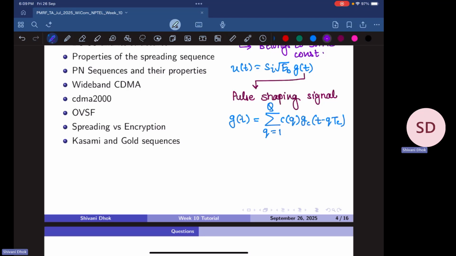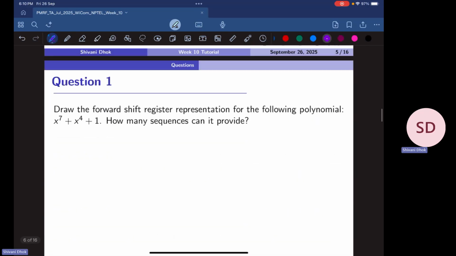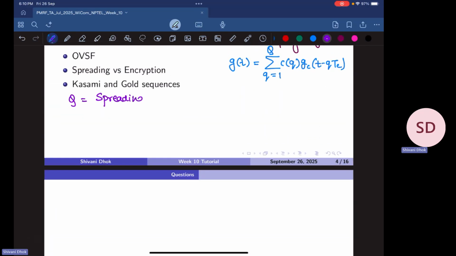So here, this Q is your spreading factor. Then this T_c is your chip duration. And your c(q) is basically your spreading sequence.